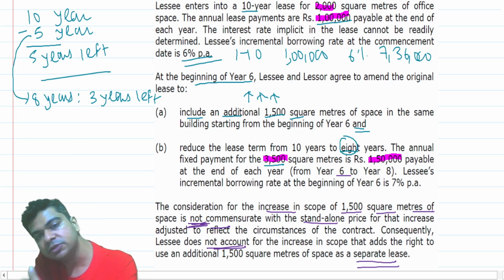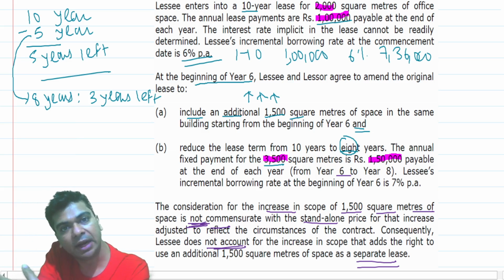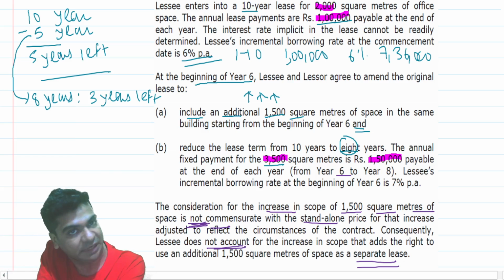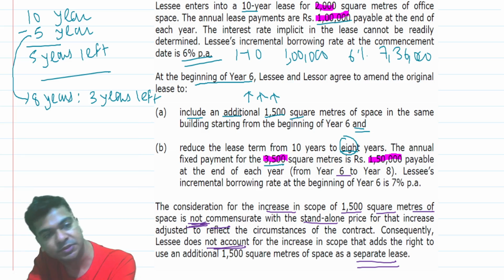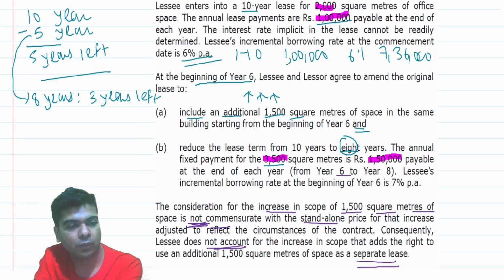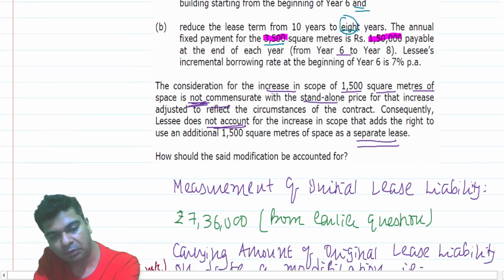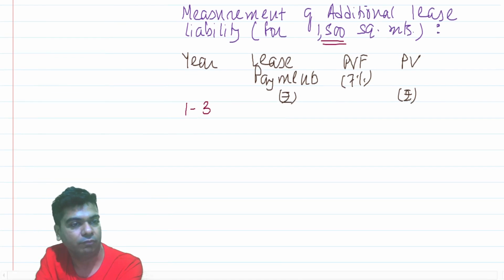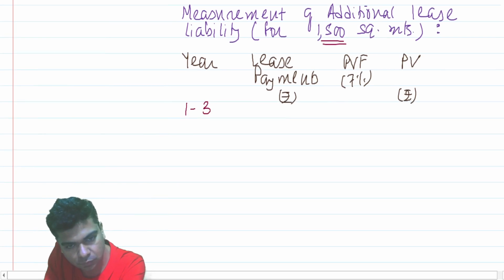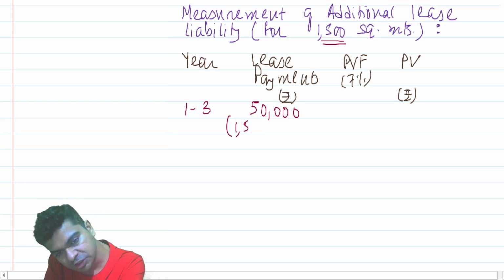So for 2000, 1 lakh, and for 3500, 1 lakh 50. That means for the additional 1500 square meters, you are paying additional 50,000 rupees. So 50,000 needs to be considered over here. You can elaborate if you wish. 1 lakh 50 minus 1 lakh.